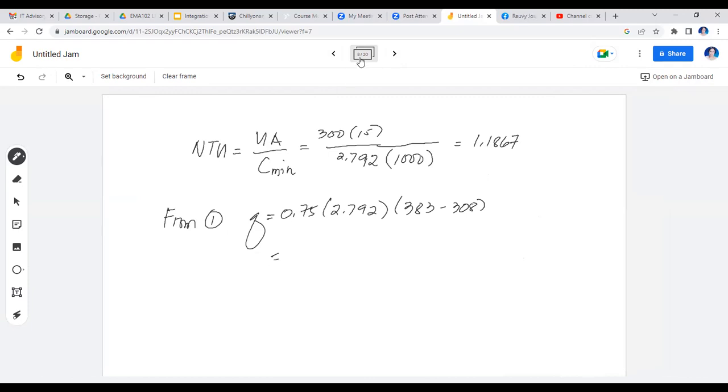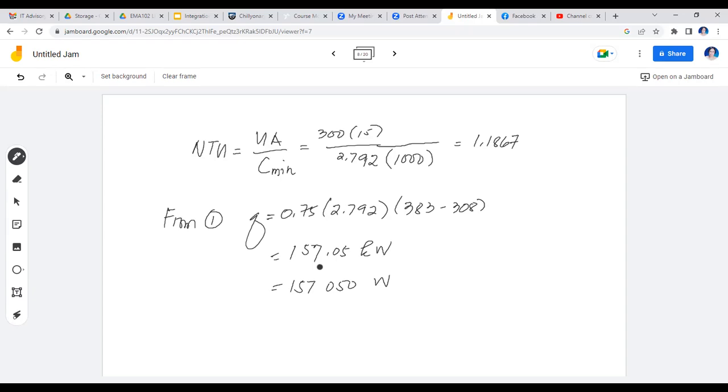This 2.792 should be in kilojoule, so your answer here is in kilowatt. 0.75 times 2.792 times the difference of 383 and 308 should be 157.05 kilowatt, or 157,050 watt for your Q.